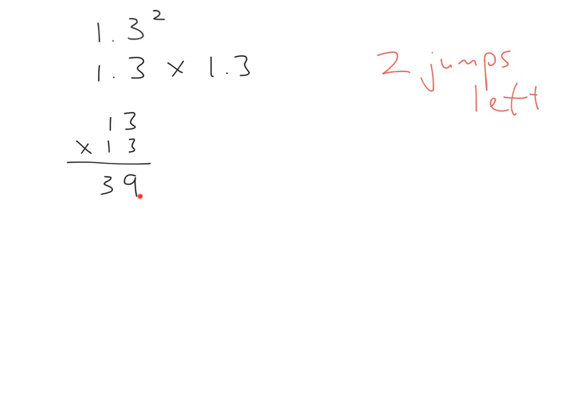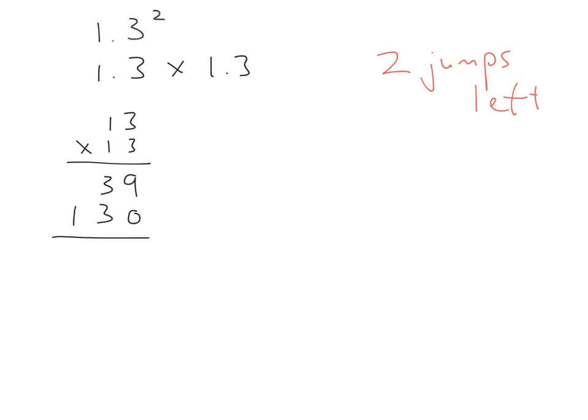Now on the second line, we put down a 0 before we do anything. We should know that by now. And we go ahead and we multiply these top numbers by the number 1. So 1 multiplied by 3 is 3. And 1 multiplied by 1 is 1.